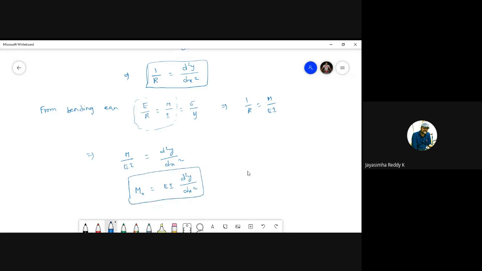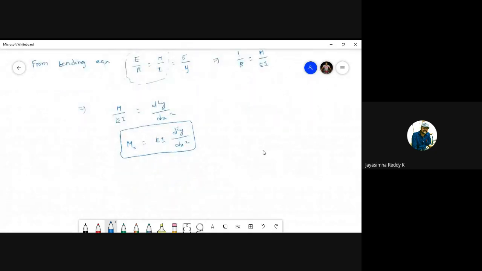So why did I go for this relation, students? Because if you consider a beam, I can write mx, I can write equation for mx at any point, at any section. Any doubts, students? Okay. At any section of this beam, I can write equation for mx. So if you write equation for mx, and if you differentiate this, if you single differentiate this, you'll get slope.